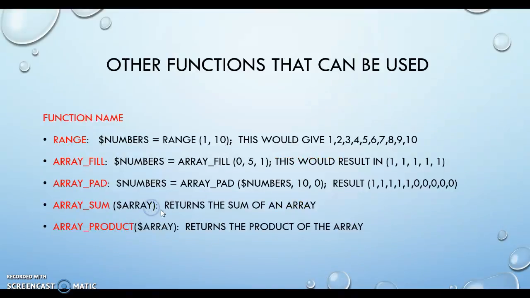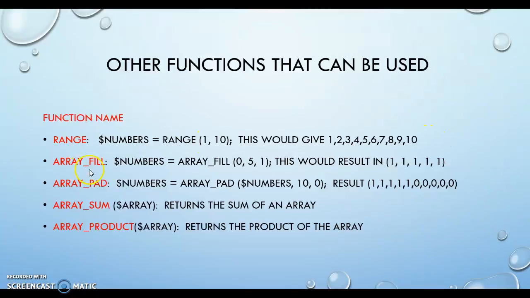So some other functions that are there, and this is by far a very minimum amount of functions, but I thought that might be useful. This one is first how to get a range, and just like it says, we're going to start with 1 and end with 10, and so it gives you the range.